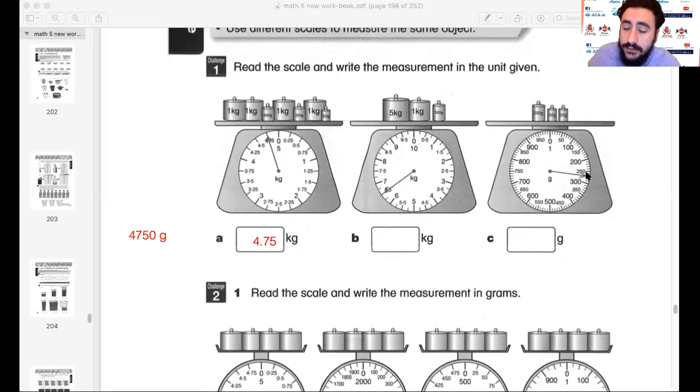And this one is obviously 270 gram, which is less than 1 kilogram. It's greater than a quarter kilogram. That's about the idea of challenge number 1.